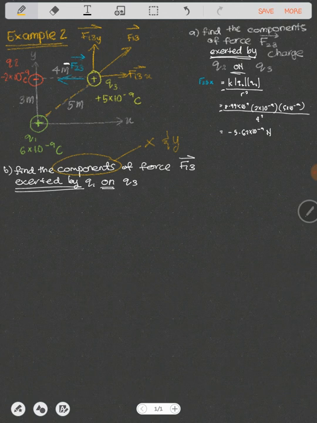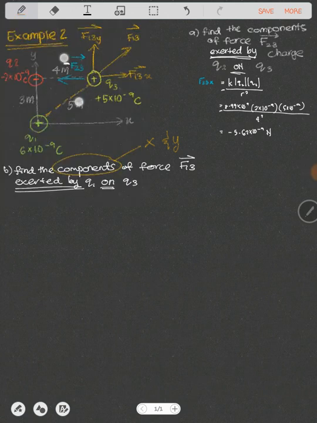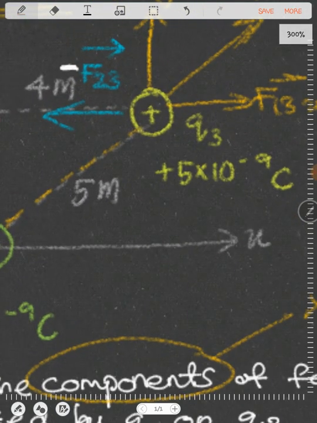Okay, so before I forget, the question already gives you the angle here. So the angle is 36.9 degree.